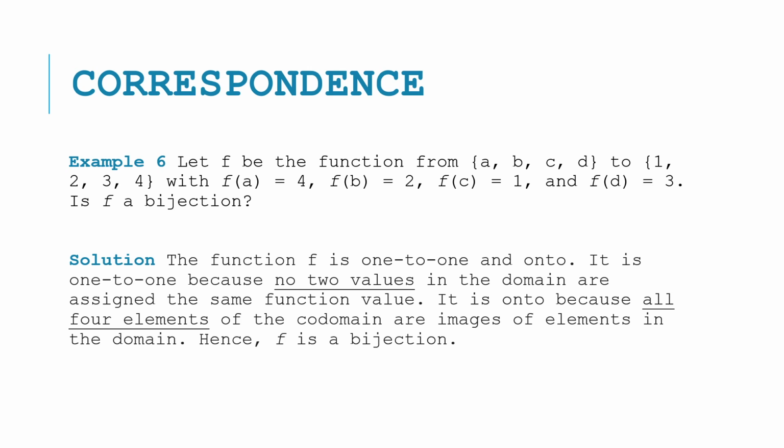Since the function is one-to-one and onto, then this is a one-to-one correspondence or a bijection. Why is it one-to-one? Because no two values in the domain are assigned the same function value. It is also onto because all the 4 elements in the codomain are images of the elements in the domain. That's why f is a bijection.